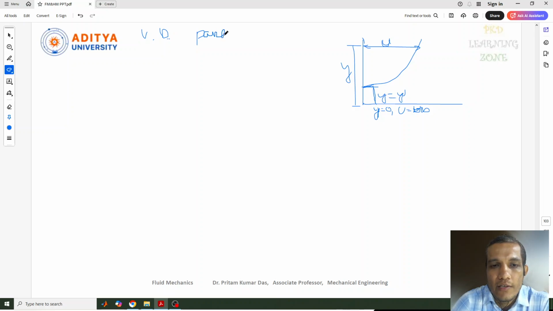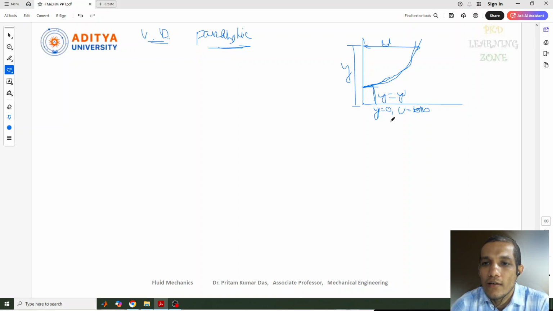We know this. So in the laminar sublayer, the logarithmic velocity distribution is not able to be considered, or does not apply.